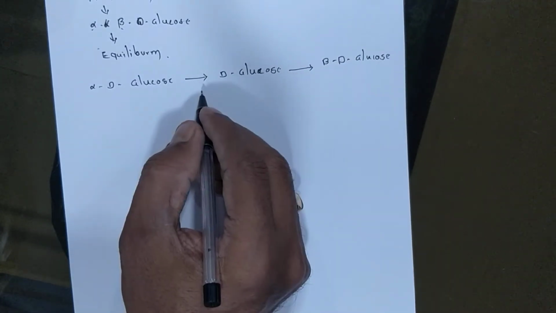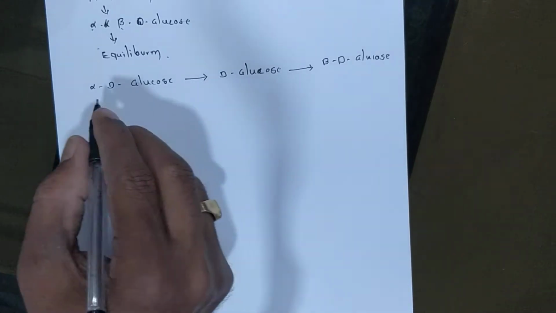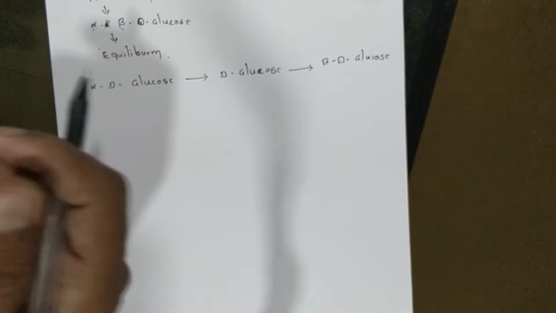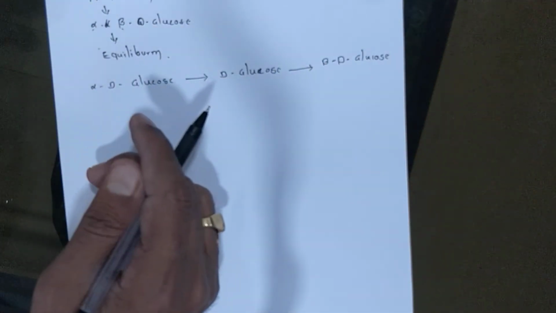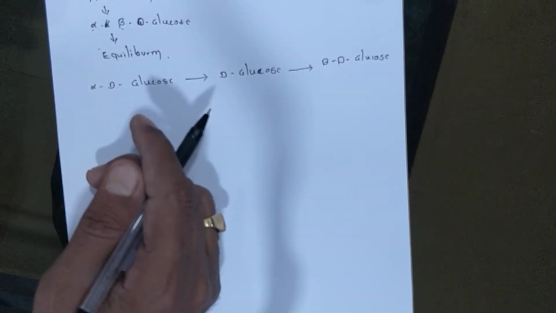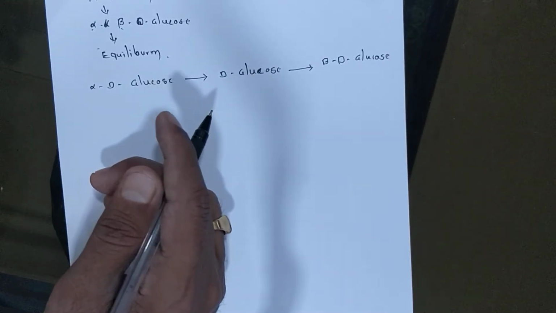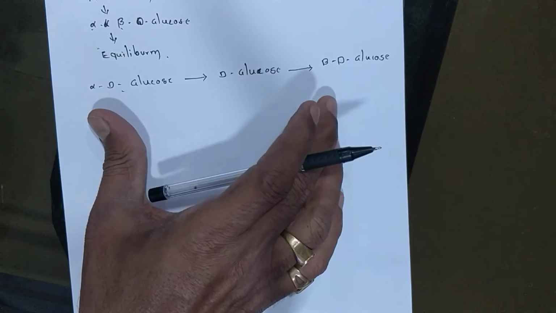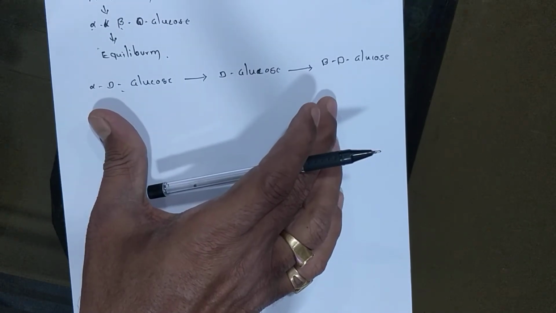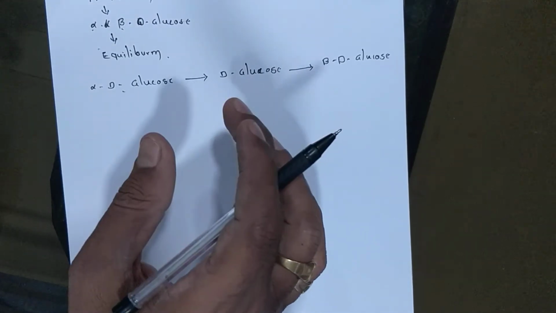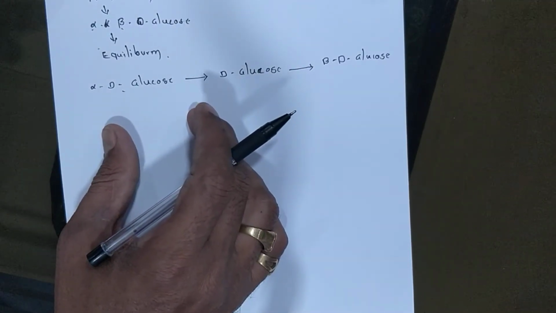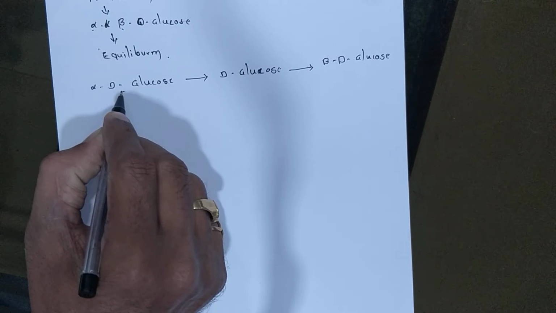The changes take place in alpha D glucose. See, initially here alpha. Now there are two anomers, alpha and beta glucose, which have different optical rotations. Now these two anomers, alpha and beta, have different optical rotations. The specific optical rotation of freshly prepared alpha anomer, freshly prepared alpha anomer.